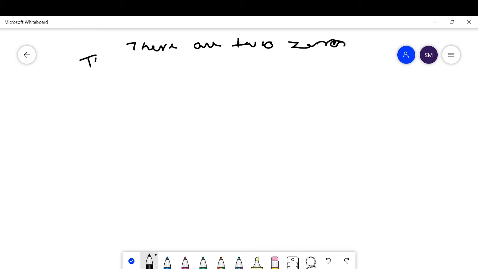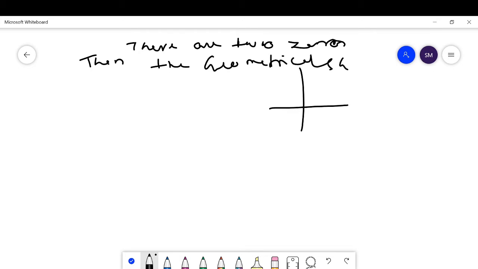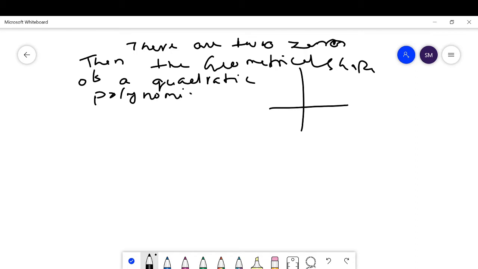Then the geometrical shape of a quadratic polynomial is like a parabola.